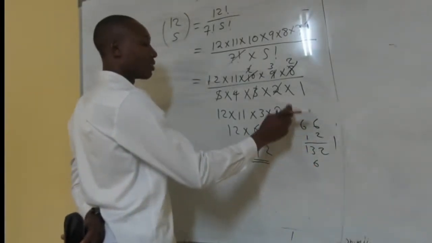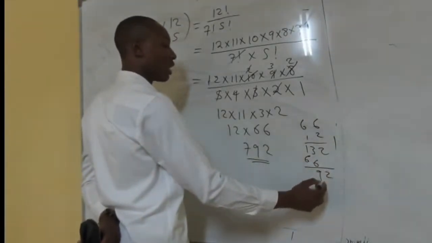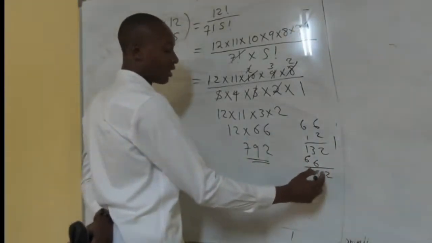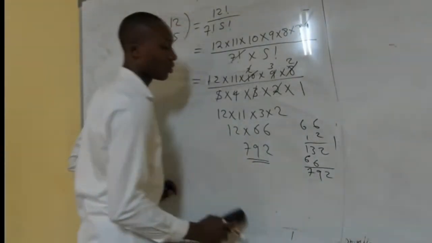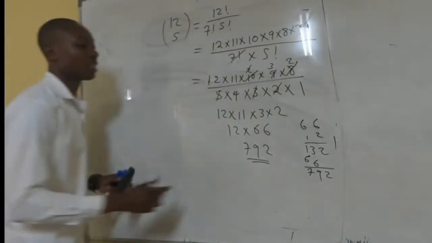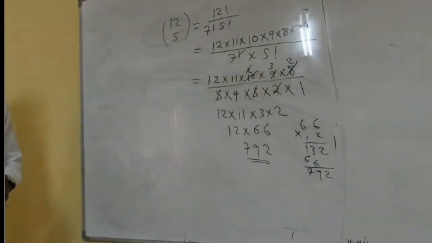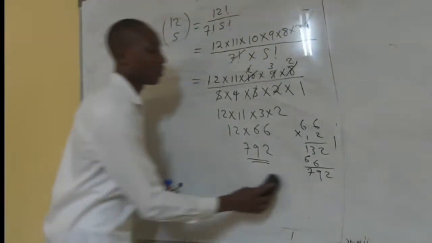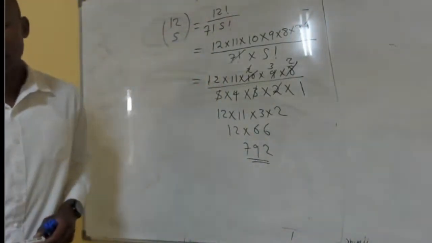Then 1 times 6, which is 6. So you notice that 792. Alright, so that's how we get to the 792, just doing that multiplication. That's how we came up with 792.